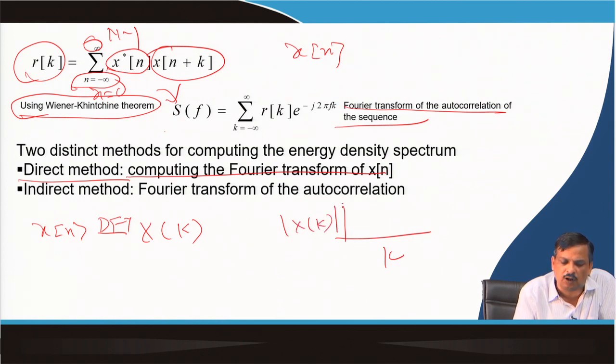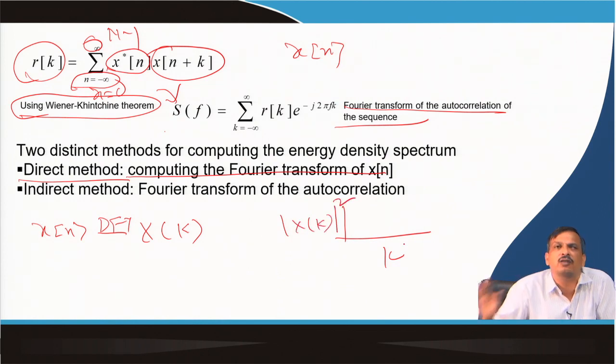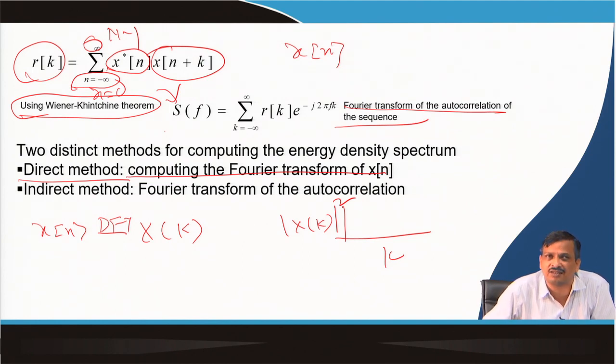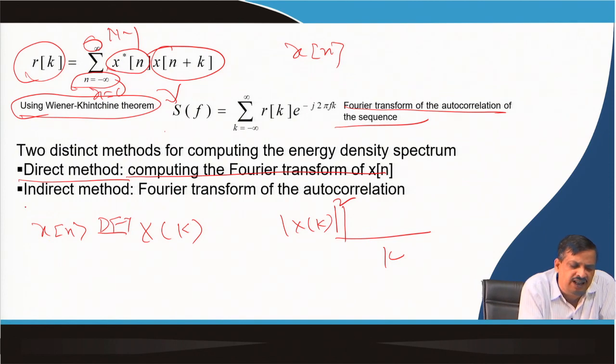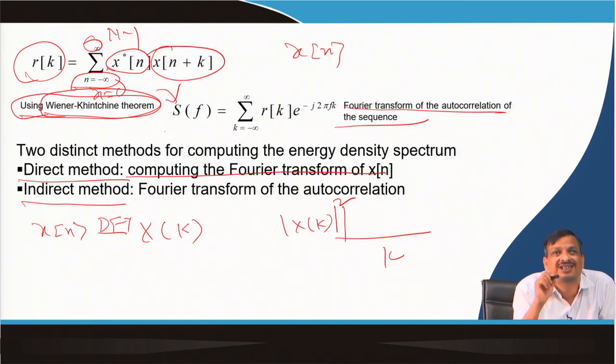If it is the energy or power spectrum, it is the square, which I discussed. The second one is called the indirect method, using the Wiener-Khinchin theorem, that the power spectrum will be the same as the Fourier transform of the autocorrelation sequence.